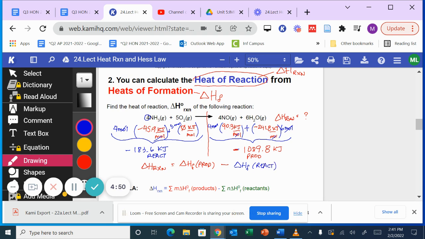That's the formula. So I'm going to do equals. The products is in red, negative 1089.8 kilojoules, minus the reactants in blue, negative 183.6 kilojoules.